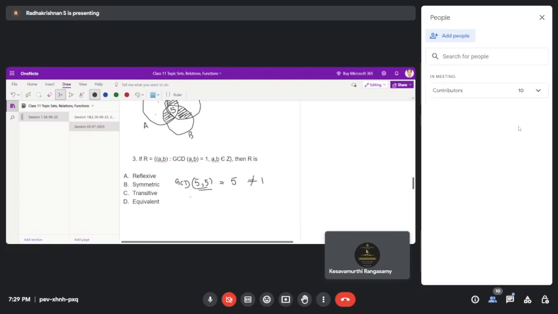Reflexive means you put the same value, 5 and 5, so A should be mapped to A. That means 5 should be mapped to 5, 6 to 6, 7 to 7, and so on. Then only the relation will be reflexive. But given the condition, is it true? For 5 and 5, the GCD is not 1. Therefore, not reflexive.